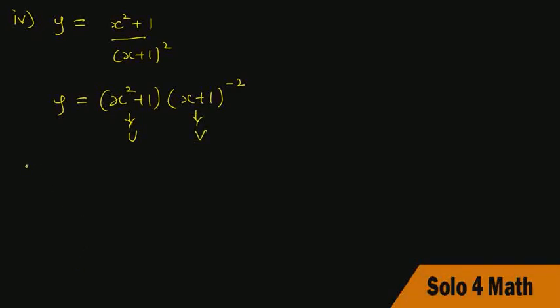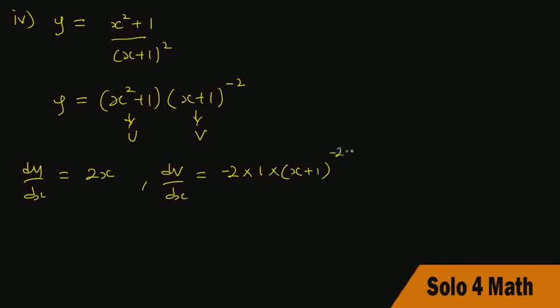So my du/dx will be equal to 2x, my dv/dx will be equal to, we said drop the power, negative 2, times the derivative of this bracket, which is 1, then times that same bracket with a reduced power, minus 1. So which is negative 2 into (x plus 1) to power negative 3. So we substitute in our formula, dy/dx is equal to v. What is our v?